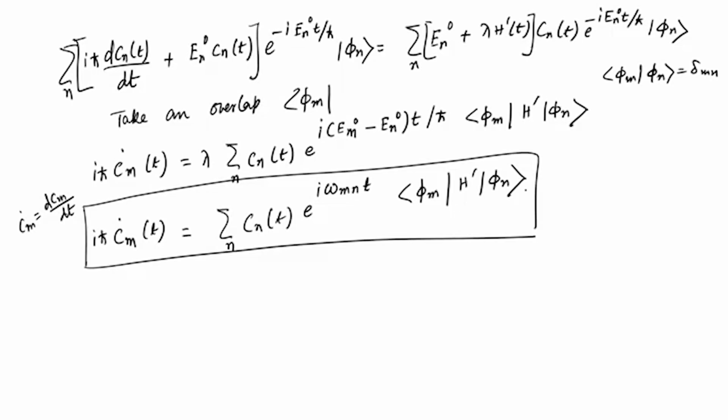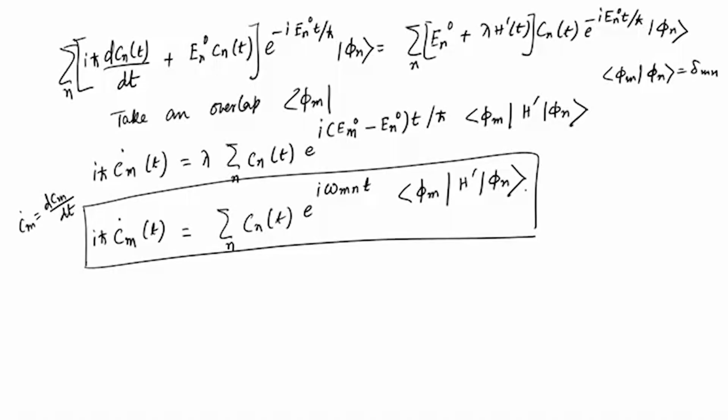So, in first order in the perturbation term, the wave function has an evolution given by this equation, and even though you do not see psi of t here, it carries the same information as psi of t in terms of these complex coefficients. C_m dot of t is equal to the sum over n of these coefficients and the matrix element of h prime between the eigenstates of h_0, and then there is this omega_mn.